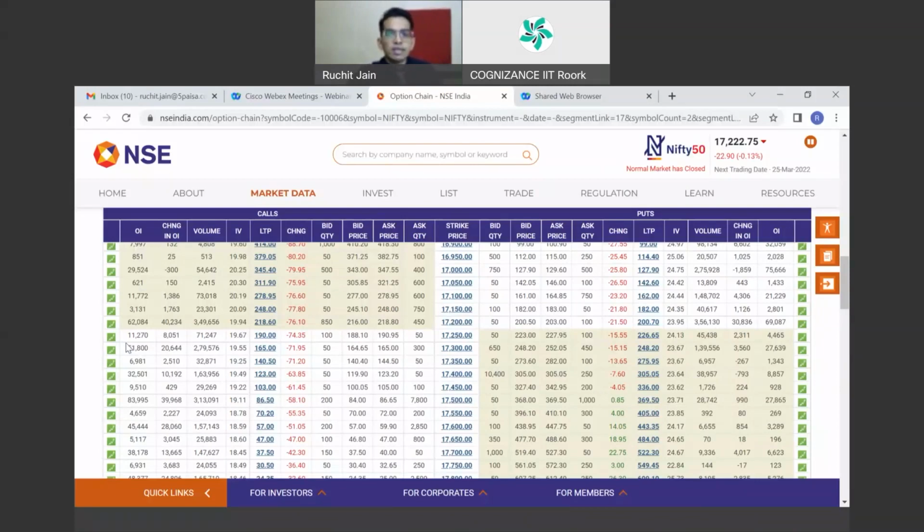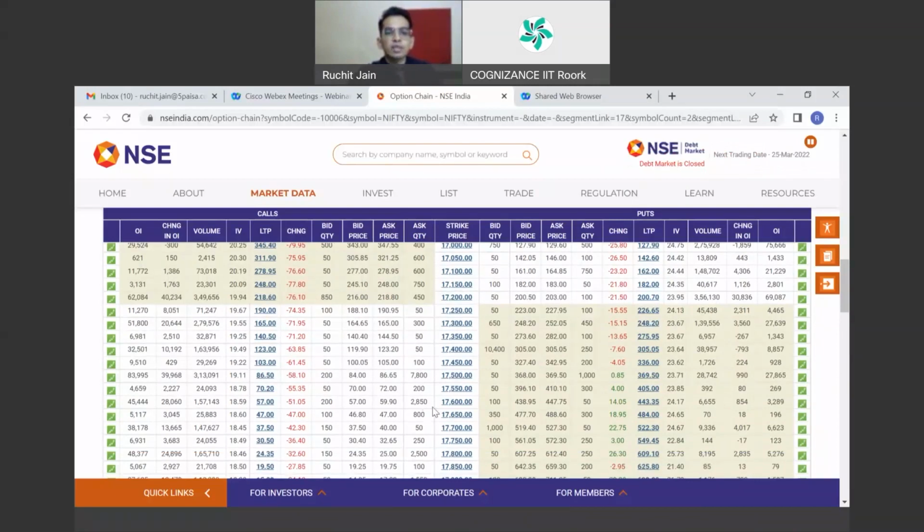We can see the 17,500 call option has 84,000 contracts. So as of now, around the current market price, the highest open interest in call options is at 17,500. It means maximum traders are not expecting Nifty above 17,500 before the expiry. This is the resistance level.